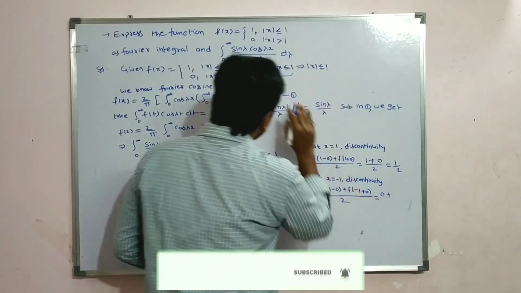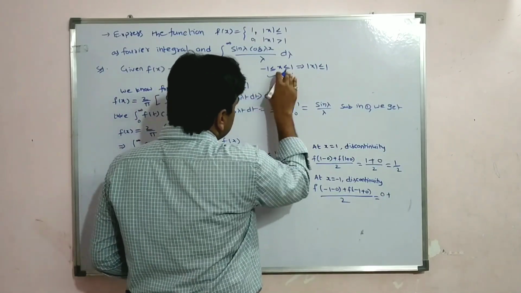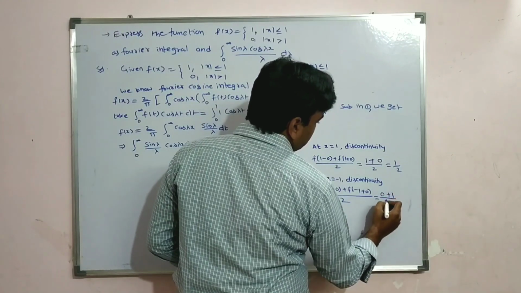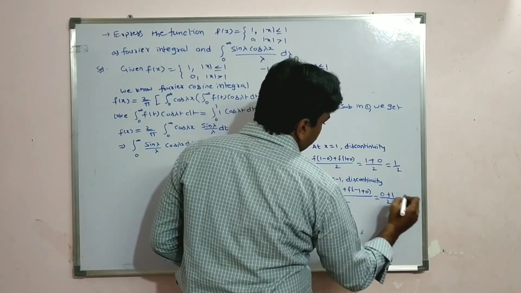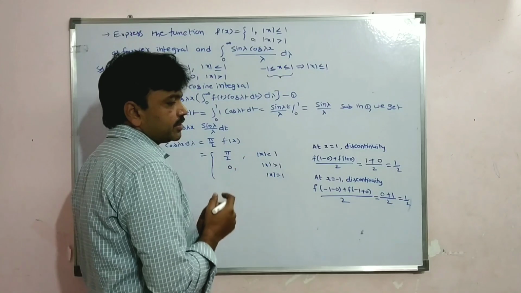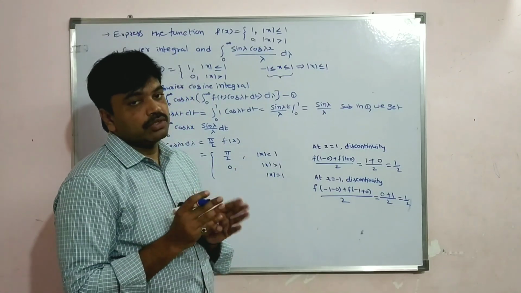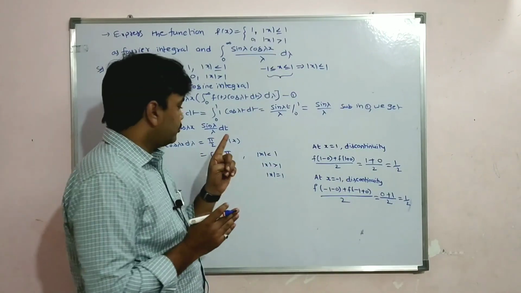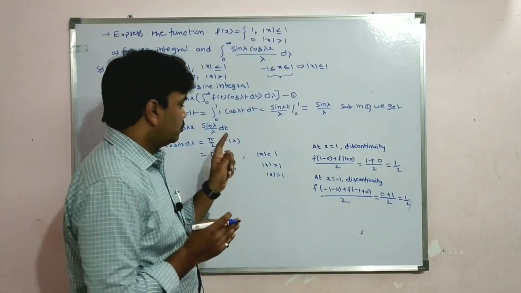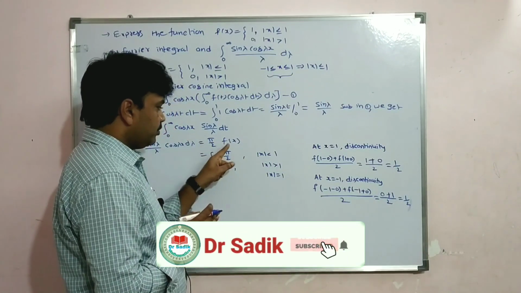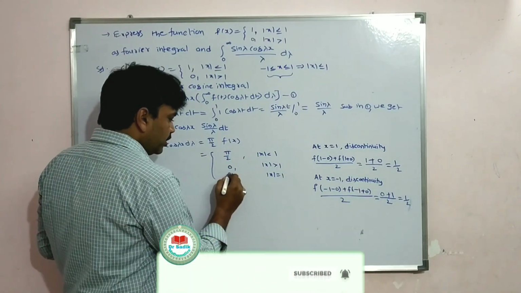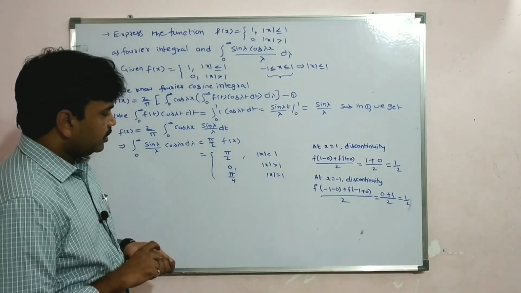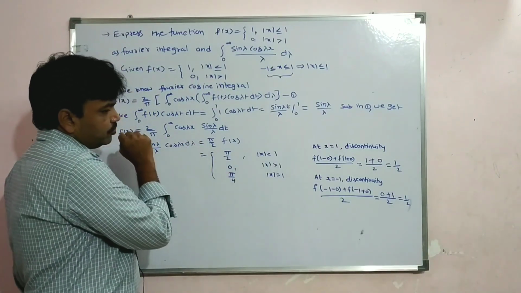Minus 1 plus means the value lies between minus 1 to 1, so the value is 1, divided by 2, that is equal to 1 by 2. In both cases the value is 1 by 2. Therefore f of x value is 1 by 2. So 1 by 2 into pi by 2 is pi by 4. This is the value of the given integration, students.